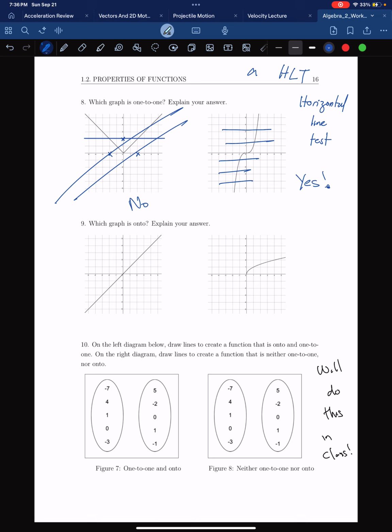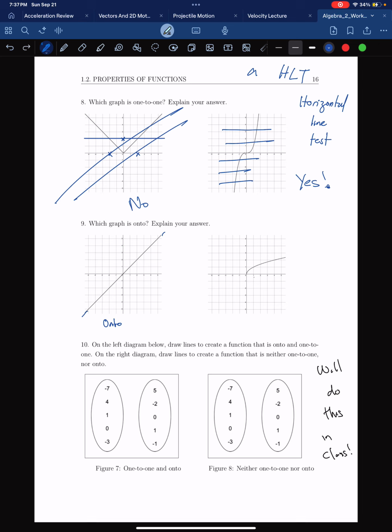Well, here I can safely say that this guy is onto. That's because this is a line, and lines go to infinity. Unless I add an endpoint or say it's not going to infinity, I can tell you that it's going to include every possible value in your range and every possible value in your domain. So that's onto.